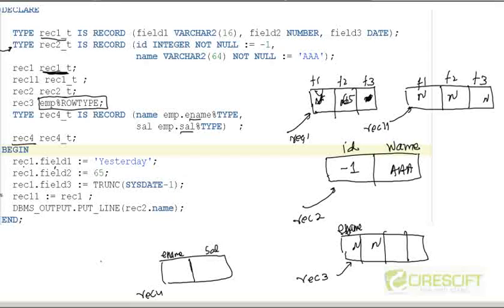Then in line number 17, I'm assigning rec1 to rec11. That means all these things, this is Y, this is 65, this is the date, all are assigned. So at line number 17, rec11 is also initialized.